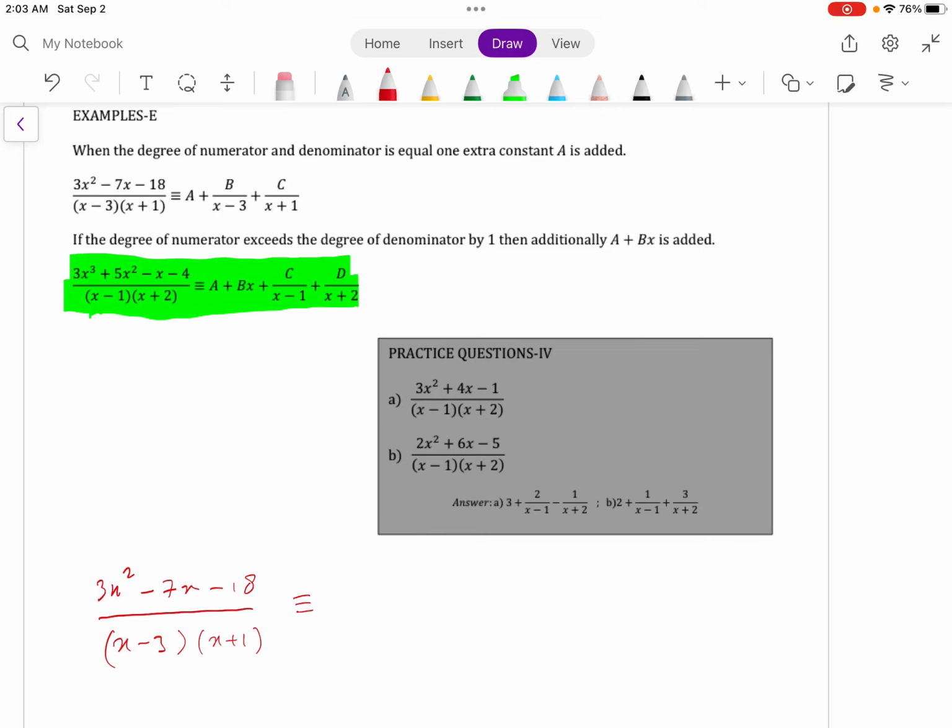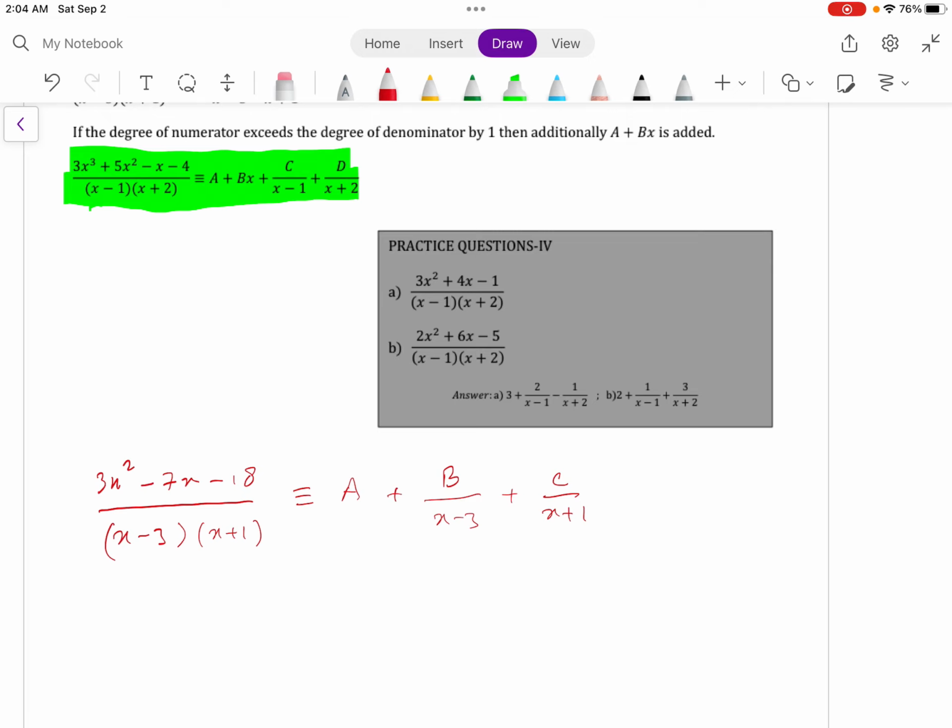The particular supposition we have to make is to let one extra constant a with the previous usual case with the linear factors. If the factors in the denominator are linear, we simply let one constant for each factor in the denominator. So it's b over x minus 3 plus c over x plus 1.